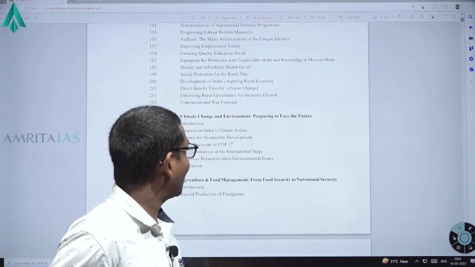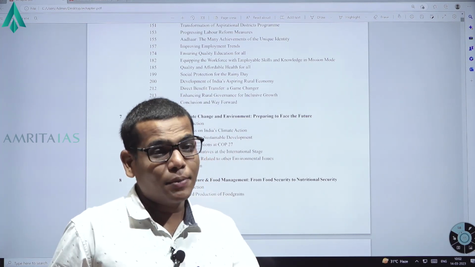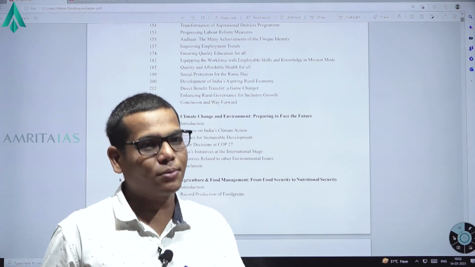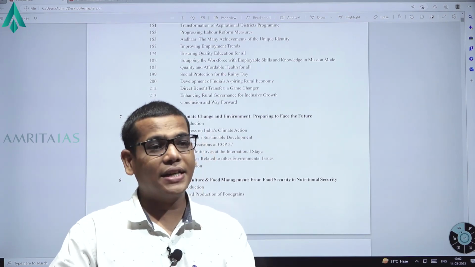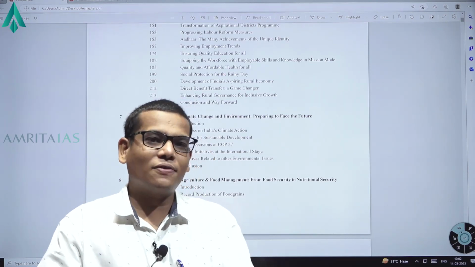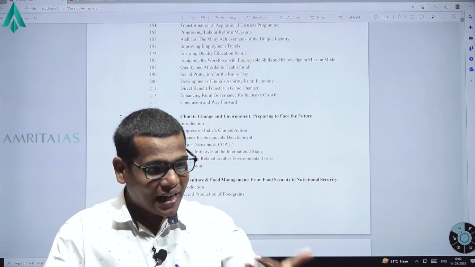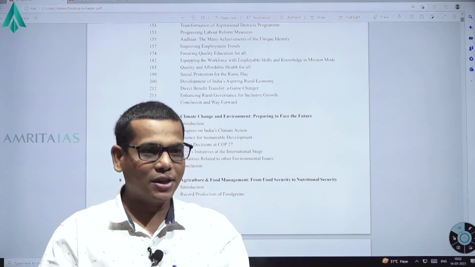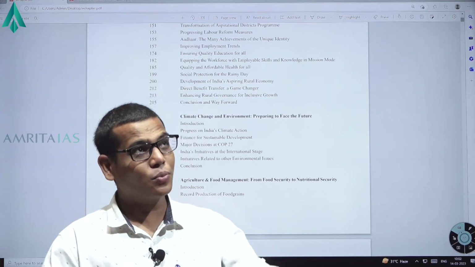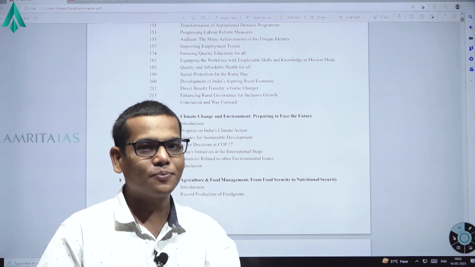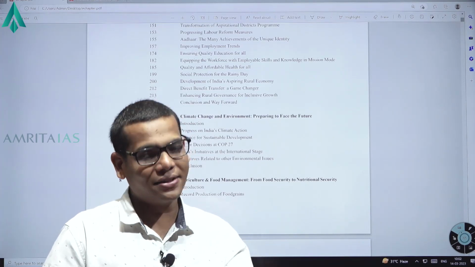Climate change and environment, preparing to face the future. Sustainable development is very, very important because the whole world is debating this sustainability. In this chapter, what are the goals and responsibilities of India, how India is moving towards sustainable development and protecting the environment, what steps India has taken, what commitments India has at both the global and national levels, and various initiatives to protect both the environment as well as wildlife.